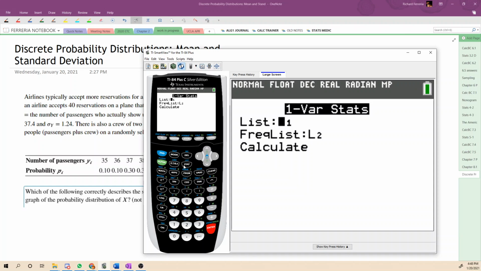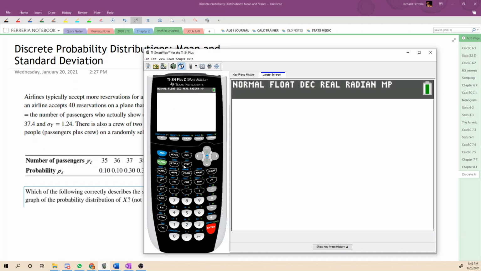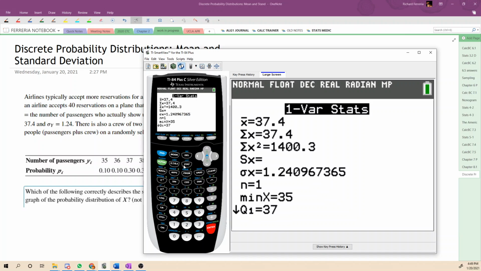Now the key here is that the list of numerical values is what you put in List, so L1, and the probabilities go in the frequency list, so L2, and then you push calculate. And really quickly, that gives us the mean over here, 37.4, and the standard deviation, 1.24. So those numbers look correct.